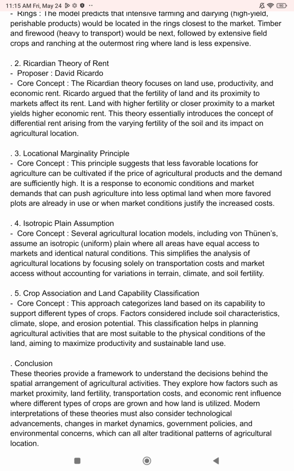The third theory is the locational marginality principle. Here the principle suggests that the less favorable locations for agriculture can be cultivated if the price of the agricultural products and demands are sufficiently high. Suppose now in equilibrium certain land use is already decided, and for certain other products the demand is continuously increasing and their price is also increasing.